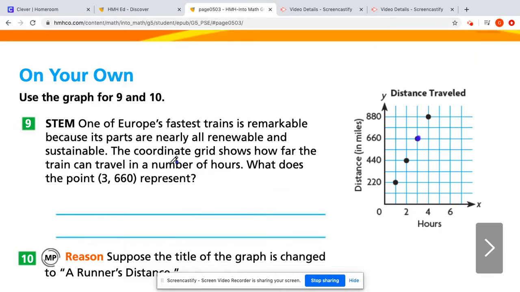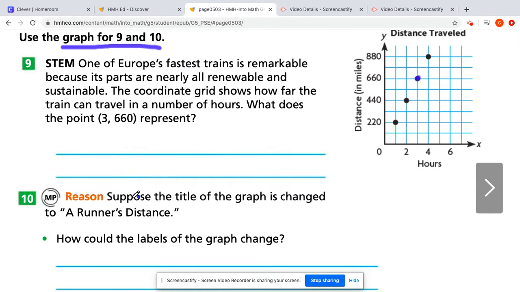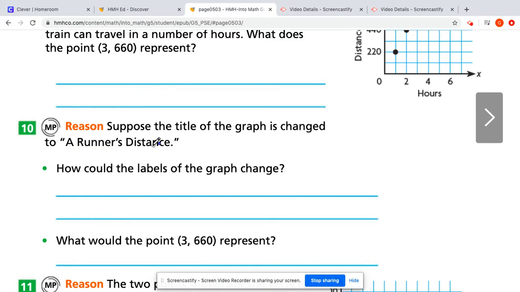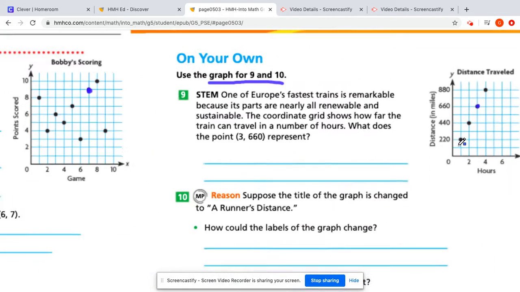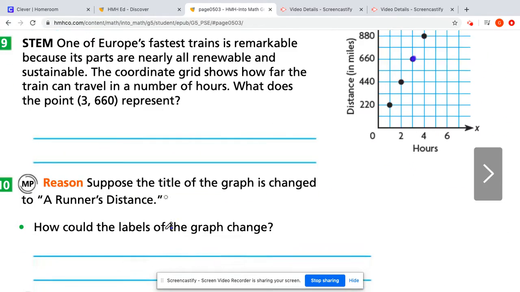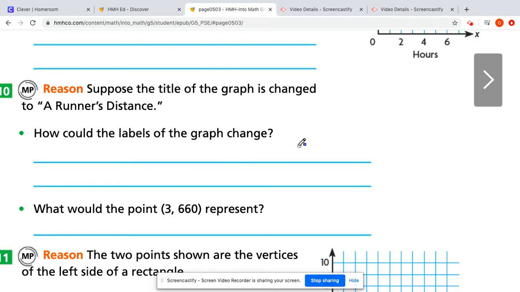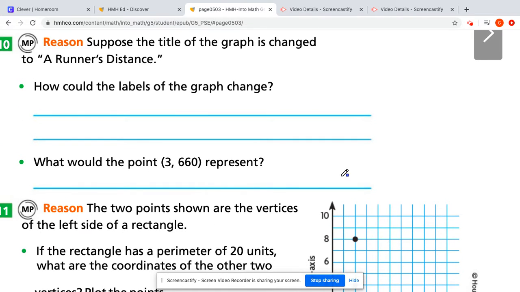Okay, we are using the graph for 9 and 10, so that was problem 9. This is problem 10. Suppose the title of the graph is changed. Okay, so now let's say that the title of this graph is no longer distance traveled, it's a runner's distance. How could the labels of the graph be changed? So would I change this from hours and would I change this from distance? It's up to you.